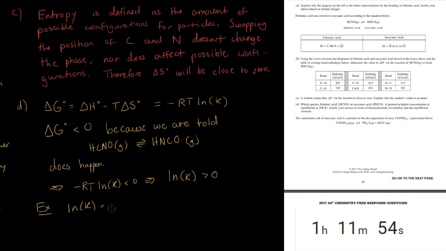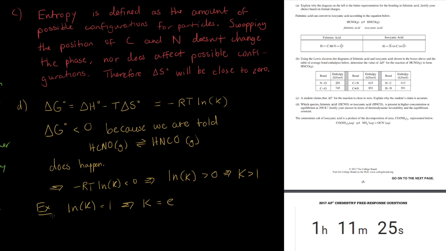Why don't we make ln of K equal 2? Okay, that would mean that K is equal to e squared, but more specifically that K is greater than 1. So this is just an example, but more specifically, all this really implies is that K is greater than 1. And that's all we need to know.